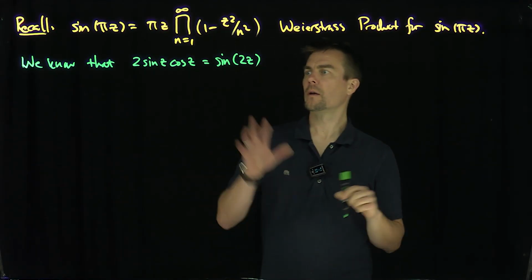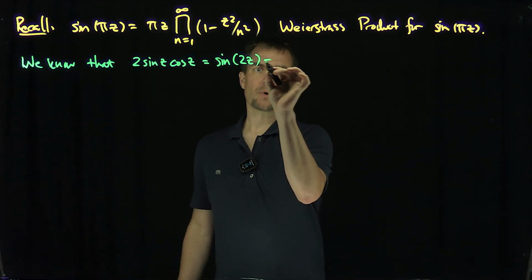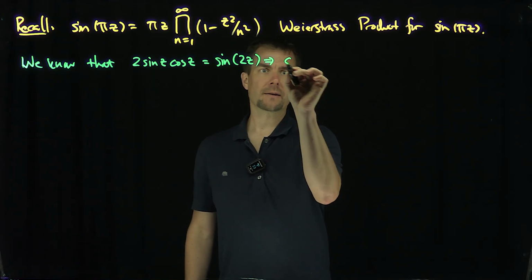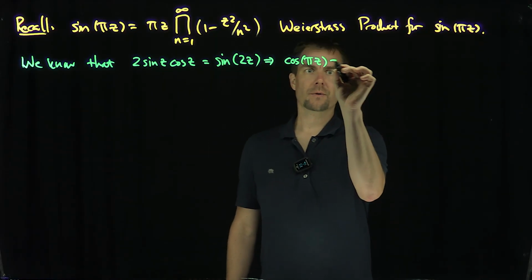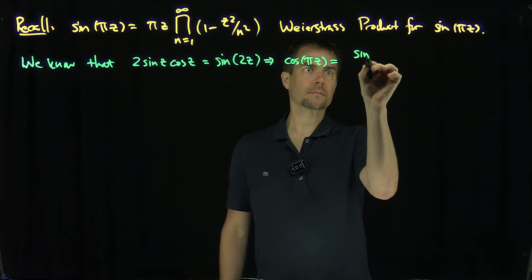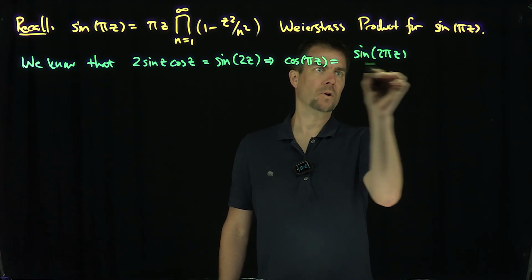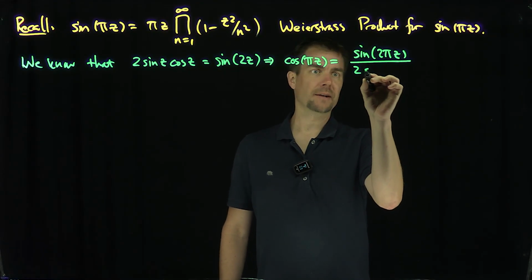Great, and therefore this implies that the cosine of pi z, for example, is just the sine of 2 pi z over 2 sine pi z.